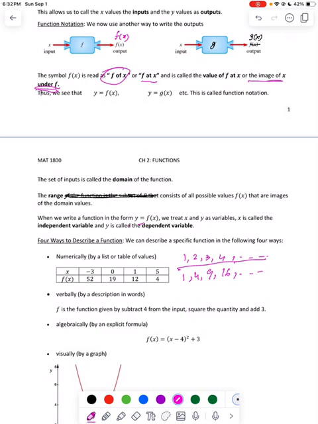So we can say f is the square of numbers.